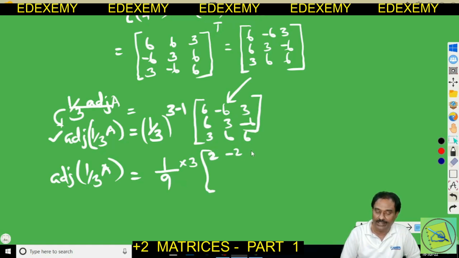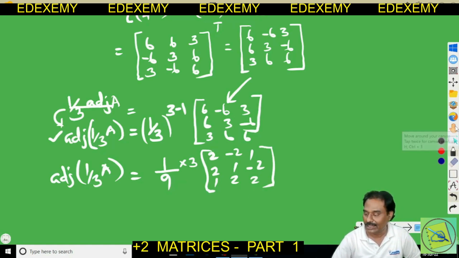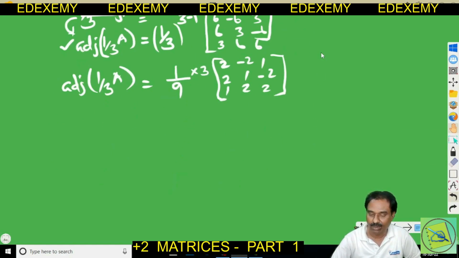Then the second element will become minus 2, the third element will become 1, and the next elements are 2, 1, minus 2, then 1, 2, 2. We have taken 3 outside, common from all the elements. So now, the final answer will be, this 3 and 9 will get cancelled. The answer is 1 by 3.